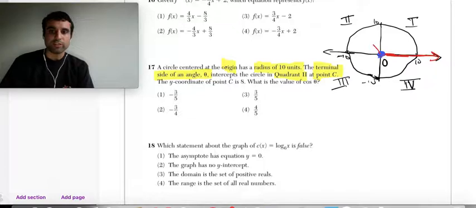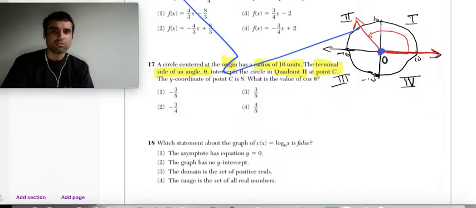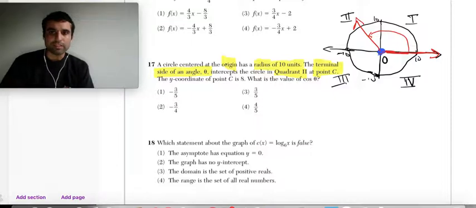And they're saying it terminates in quadrant 2. So the angle of rotation just goes something like this. And then it says it intercepts the circle at point C. So point C is where it crosses the circle. So let's see what else it says now.